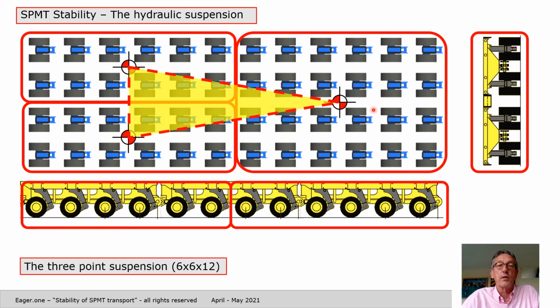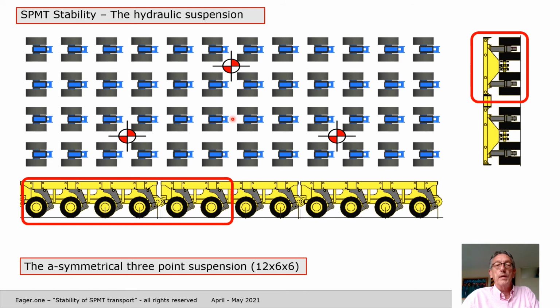And it depends on the position of the center of gravity if this is a better solution than the original 3-point suspension. So it's a matter of playing with your grouping, with the setup of your hydraulic system.